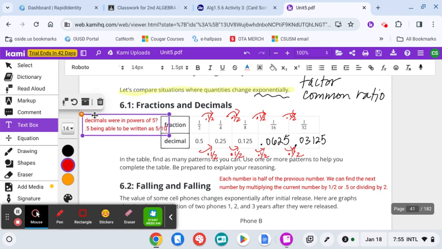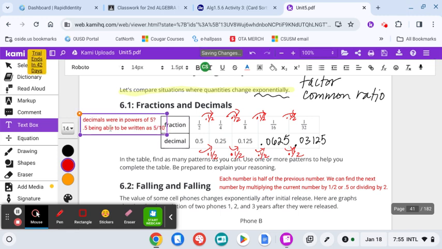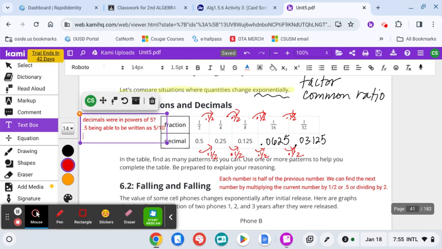Like 0.5 is the tenths place, so I could write that as 5/10. 0.25 could be written as 25/100.